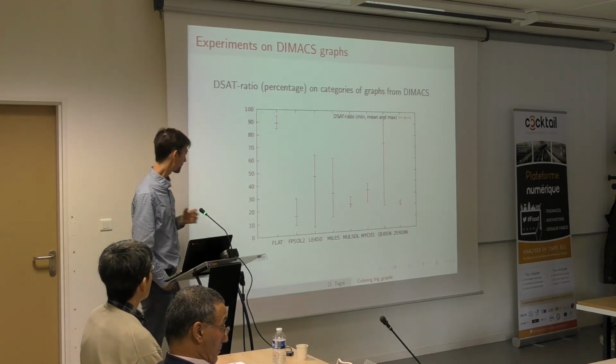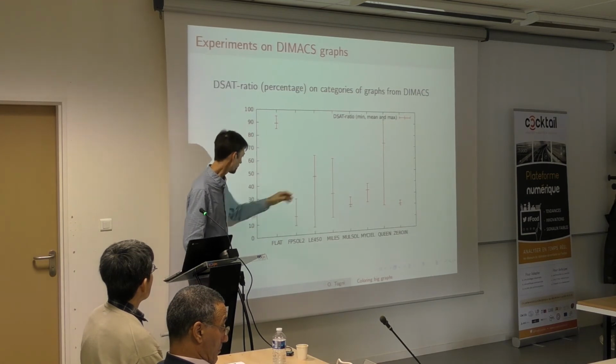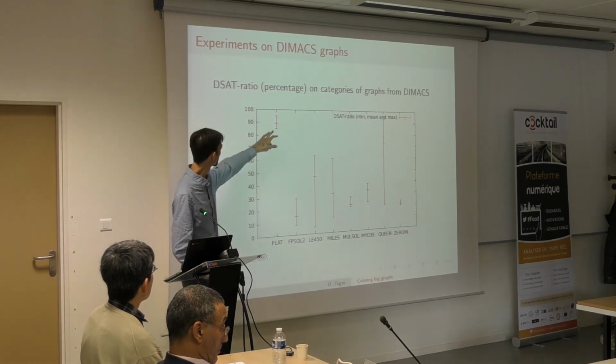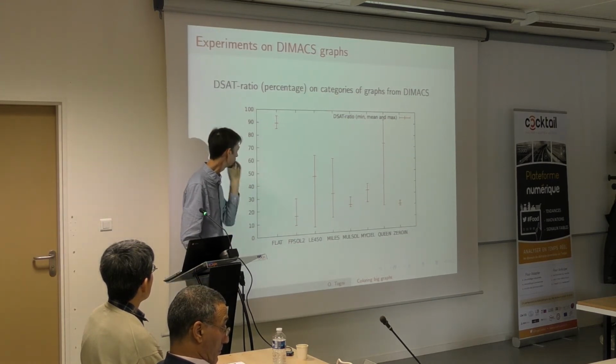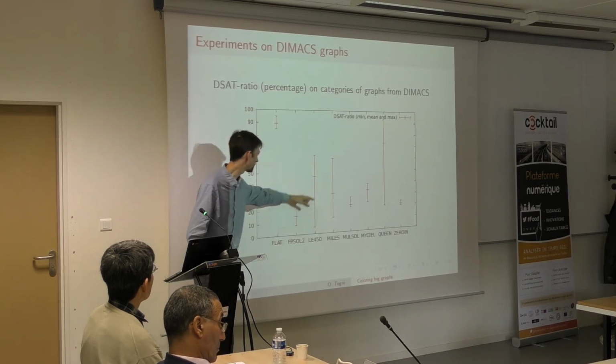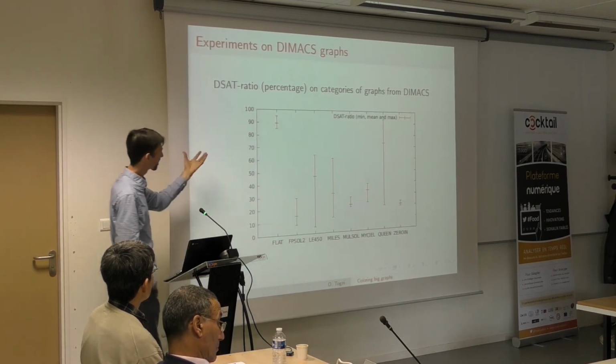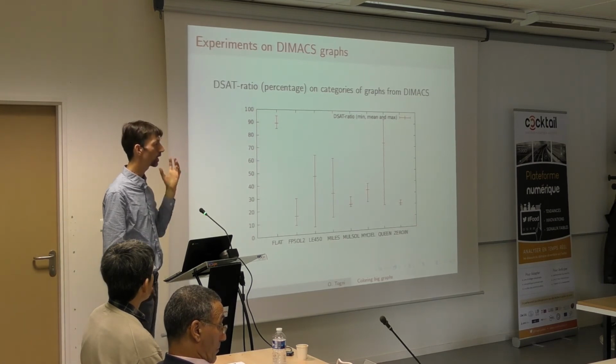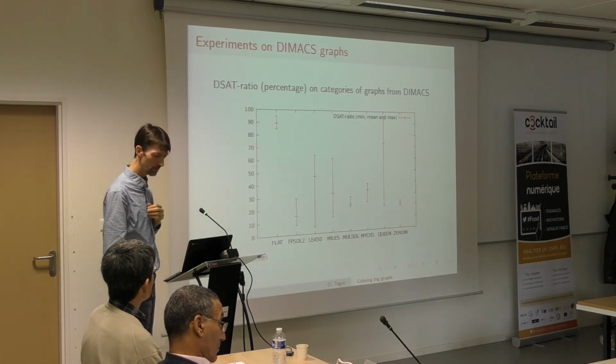And for this, I group them by category, and for these graphs, the DSAT-ratio is not so low. You see, it's quite 19% or less for this one. So for those graphs which are hard to color, we have not the same behavior.